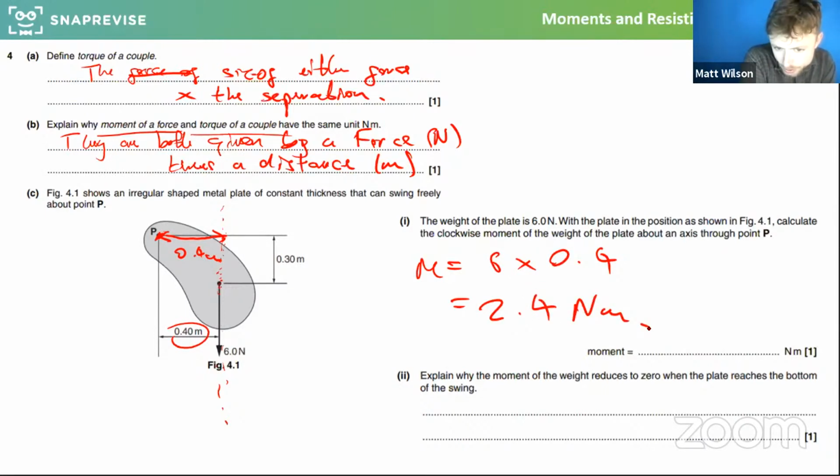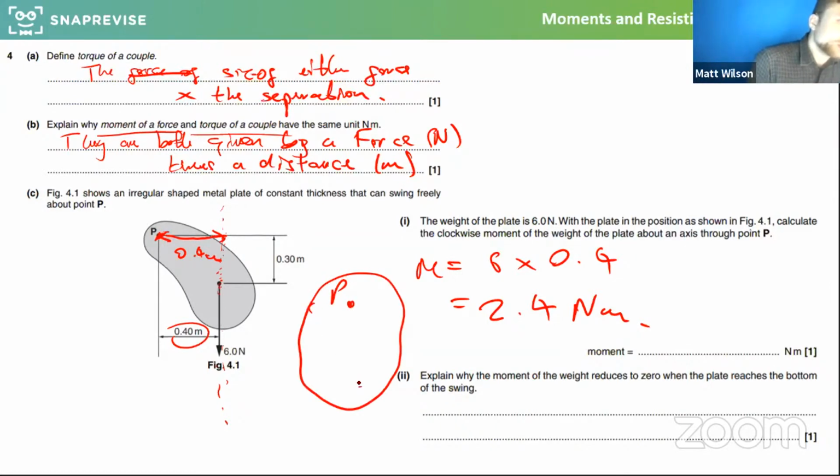Finally, we're asked to explain why the moment of the weight reduces to 0 when the plate reaches the bottom of the swing. So it's going to swing down because of this moment. It's going to rotate. And then eventually it's going to stop. The moment is going to become 0. So why is the moment 0 when we have a point P here and then the center of mass is essentially underneath it?